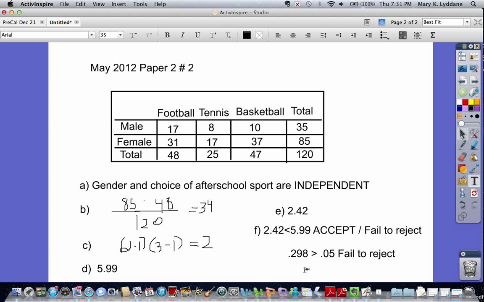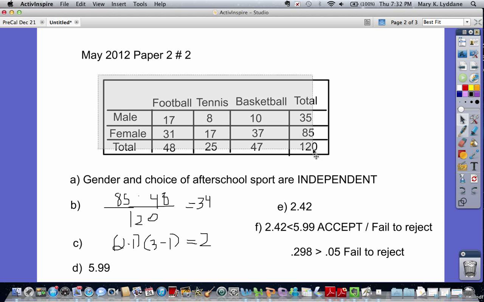All right, now let's see. One student is chosen at random from 120 students. Let me see if I can cut and paste this table onto the next page.